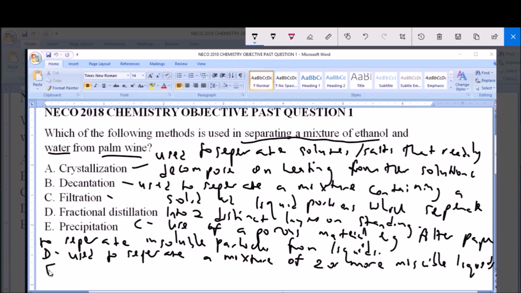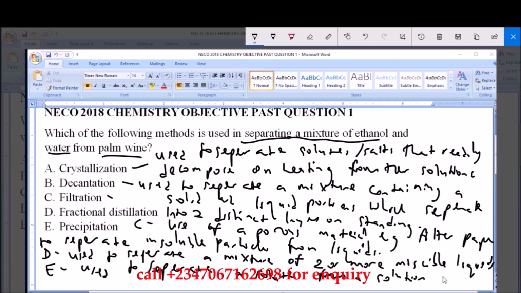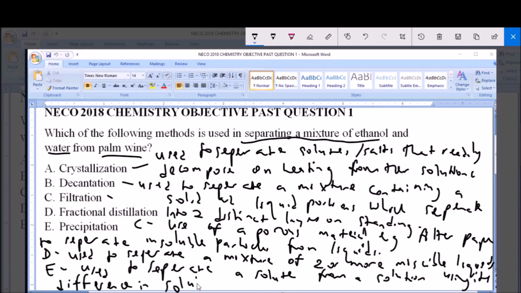And lastly, option E, precipitation, is used to separate a solute from a solution using its difference in solubility in two different miscible liquids.